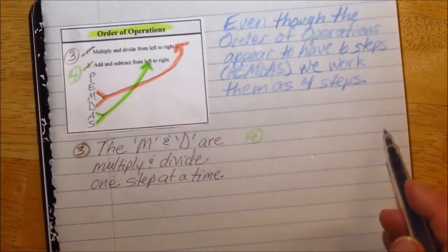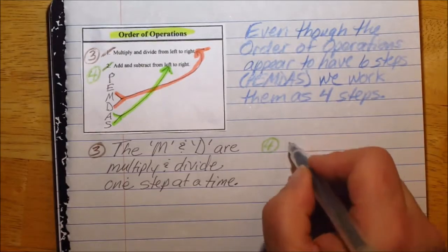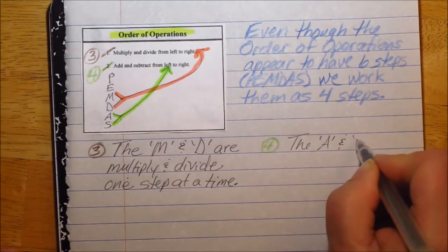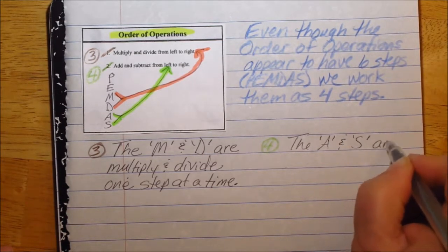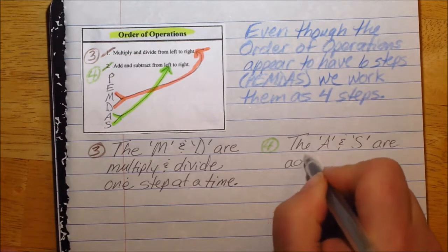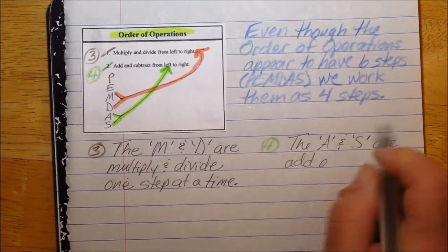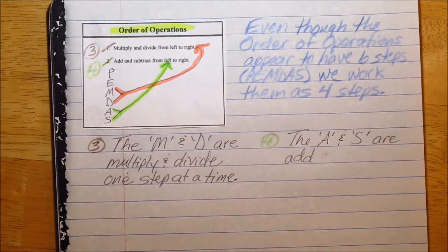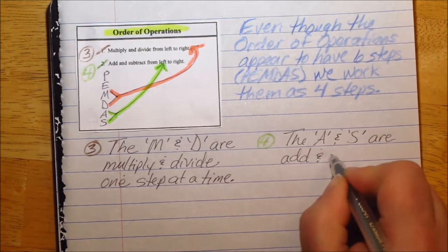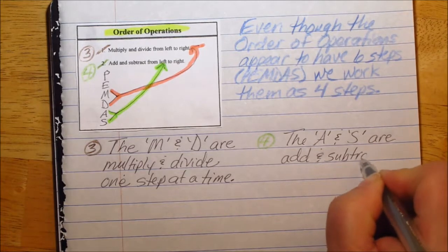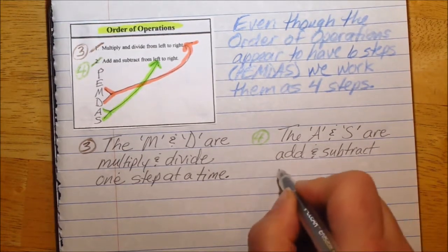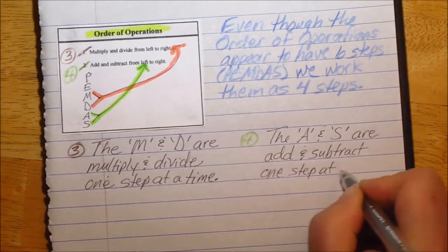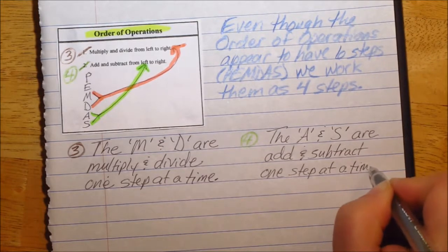And we will write how the A and the S are add and subtract, again, 1 step at a time.